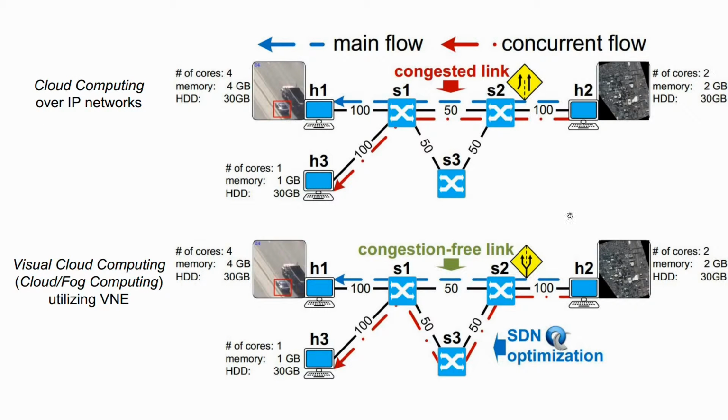In the cloud computing scenario, our workflow is as follows. First of all, we start sending our raw images to the remote storage. At the same time, we start sending our raw images to our cloud, which is host 1, for computation.